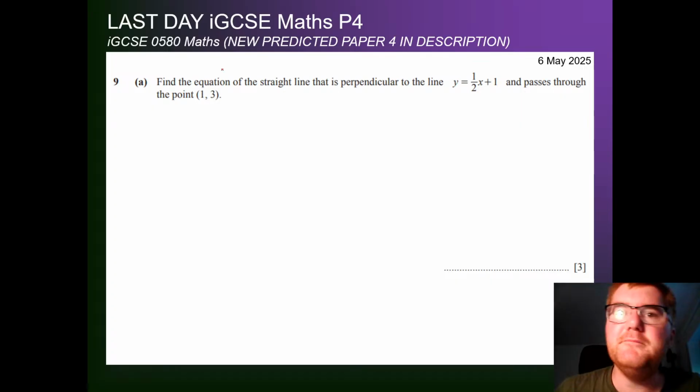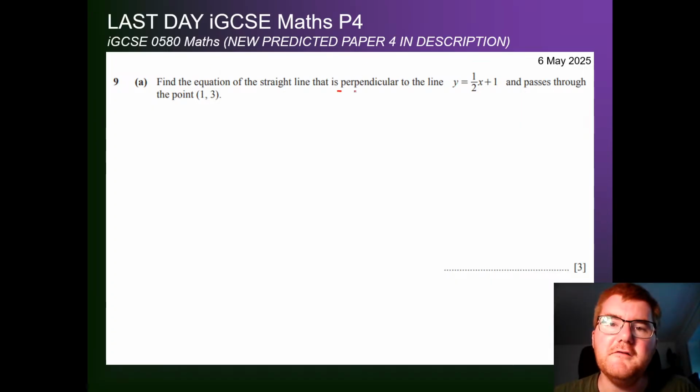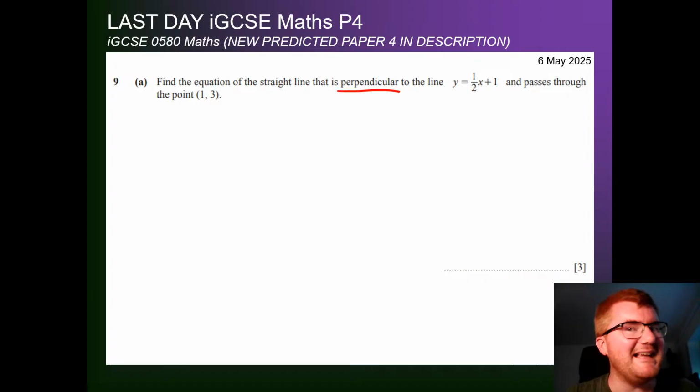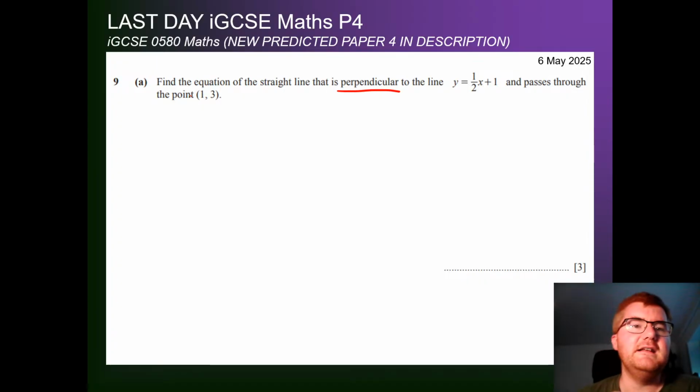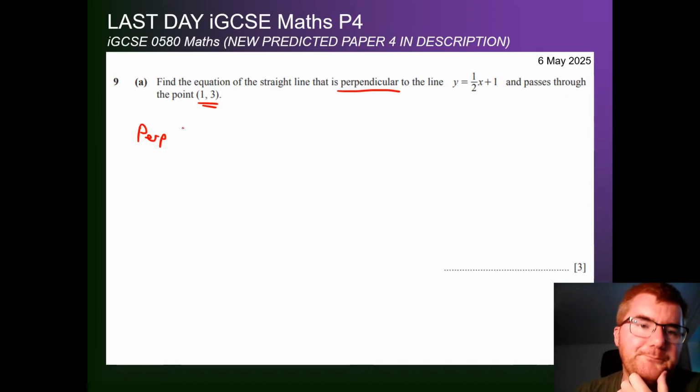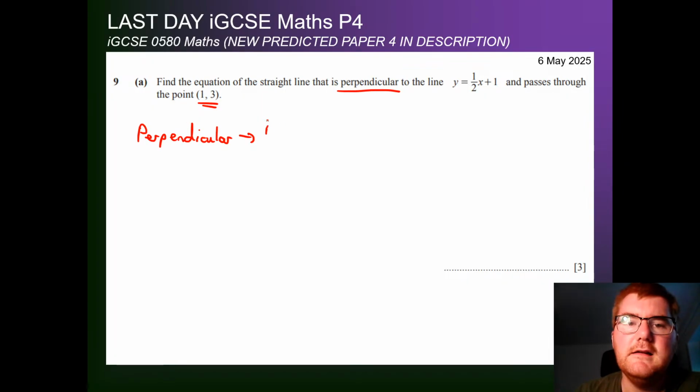So this one here, very, very common, this idea of perpendicular in some way. Now the classic question usually is perpendicular bisector, but in this case it's a slight twist on this. So find the equation of the straight line that is perpendicular to the line y equals a half x plus 1 and passes through the point 1, 3. So as soon as I see the word perpendicular, I'm thinking the negative reciprocal of the gradient.